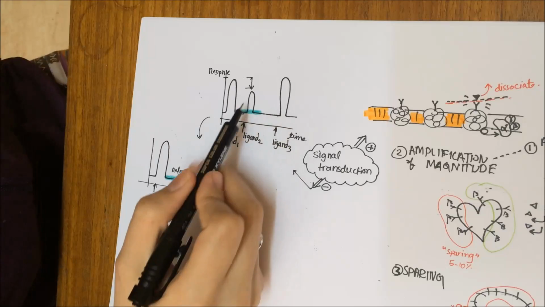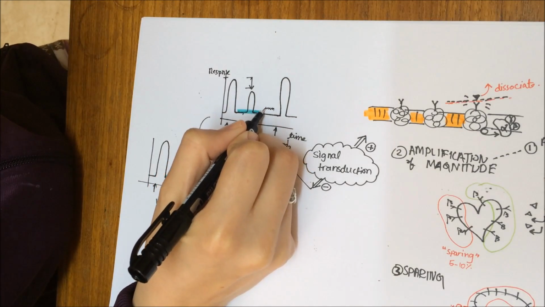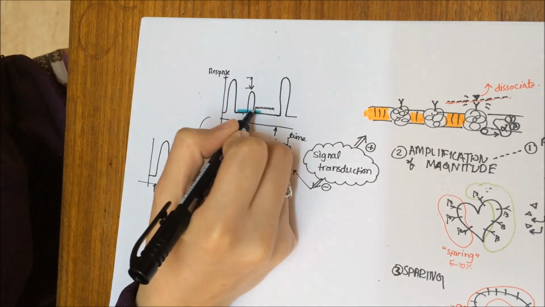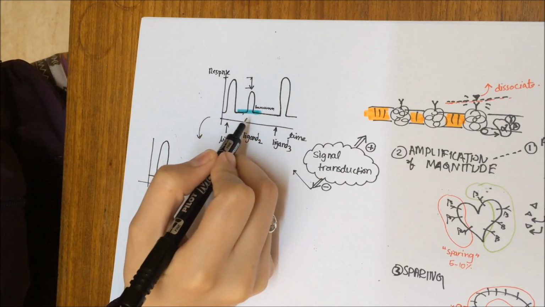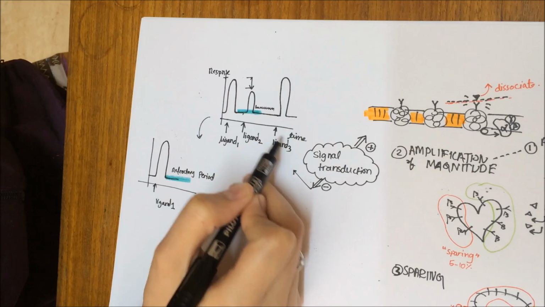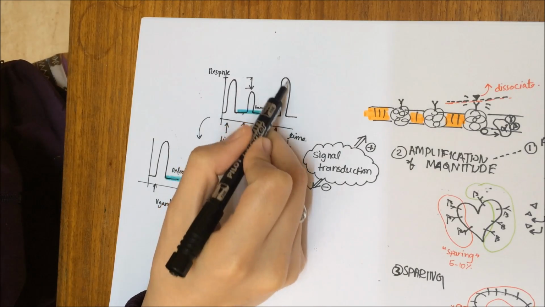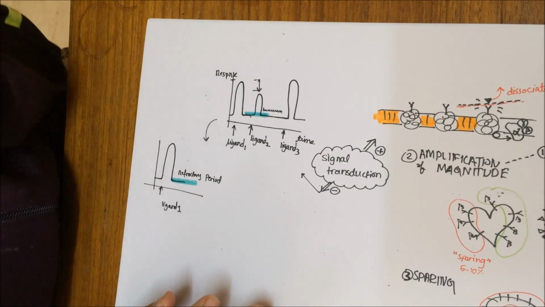Now, in response number 2, we waited outside the refractory period. Let's assume this is the refractory period of the ligand for the second response that we get, and we are now outside it. We introduced the ligand for the third time here, so we are back to the maximum response.